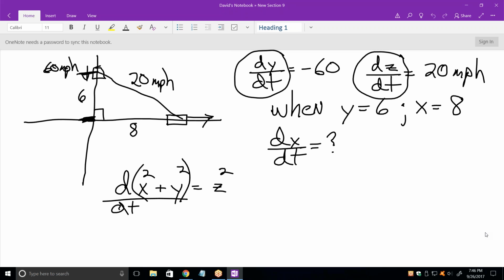I want to differentiate the right side, and I want to do it relative to dt. Even though there's no t in this equation, doesn't matter. Everything they gave us was in terms of dt, some dy over dt or dz over dt, whatever. So let's differentiate that.